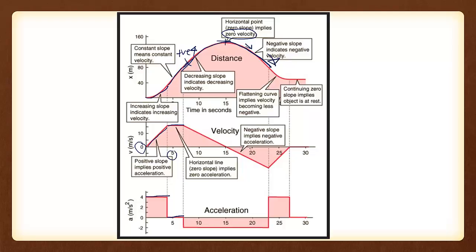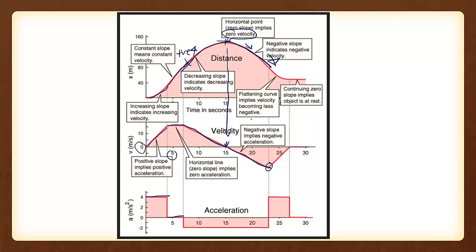So that's why the value of velocity is going down, and this spot is 0, corresponding to the time here, and then it will keep going downward, very negative at this point.